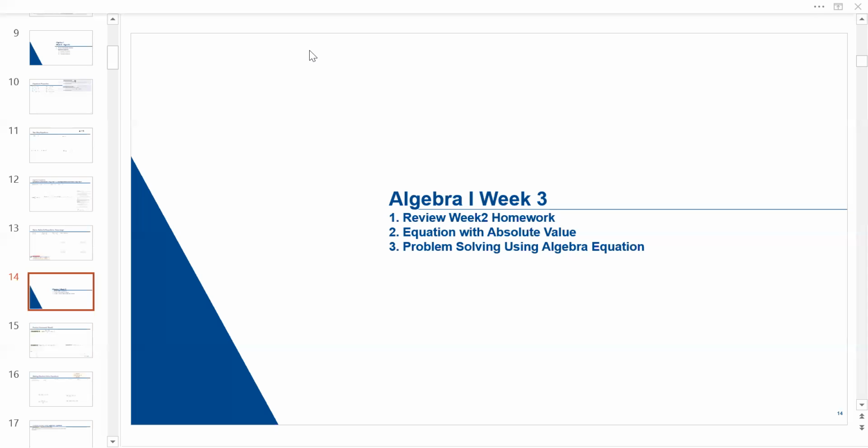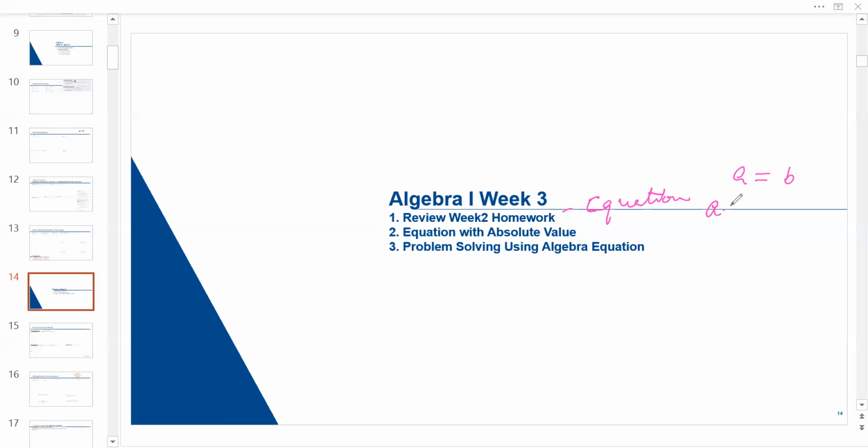All right, so I'd like to use the week 2 homework to review what we talked about last week, especially the equation part. Actually last week, the very basic equation was something like A equals B. The very basic rule here is, suppose this is the equation A equals B, right?